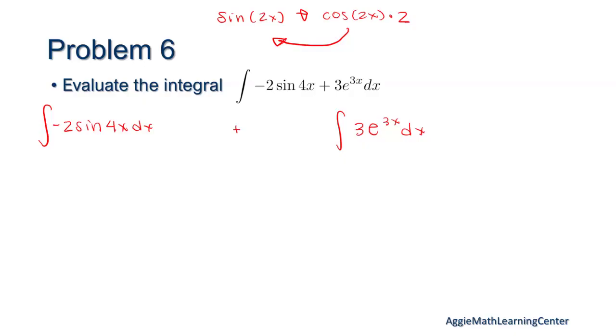Okay, so for this problem here, my inside function is 4x, and the derivative of the inside is 4. So when I go backwards to take the integral, I need a 4 to disappear. So I'm going to do my favorite thing, which is multiply by my favorite flavor of 1.